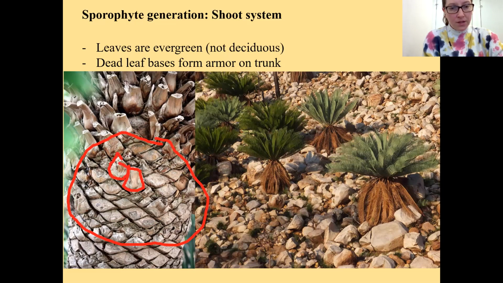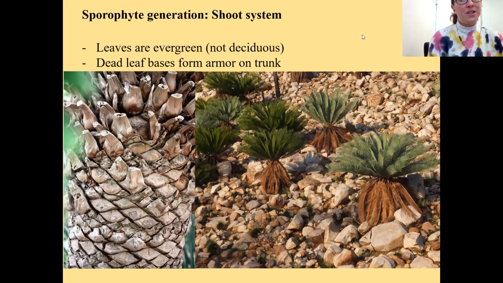So all of these used to be leaves at some point. And now it's like this armor, almost like scaly armor, which is probably useful. If dinosaurs are trying to eat you, it's probably good to have some thick, scaly trunks.